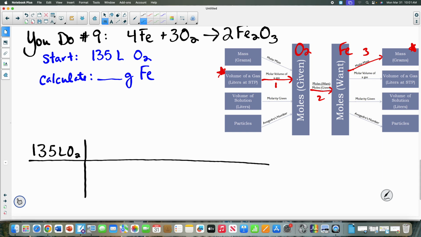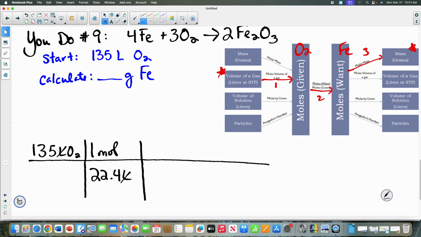What's the molar volume of a gas? Right. Okay, 22.4 liters per 1 mole. What part of that do I want on top? Right, 1 mole, 22.4 liters on the bottom, because I want to be able to cancel liters.